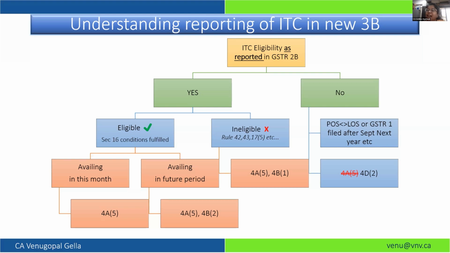After the due date means after the time limit to avail the ITC. Where there is delayed filing after the time limit for availment of ITC, which we have already discussed in our previous slide, that is 30th November, in such circumstances it will straightaway be shown in 4D2.